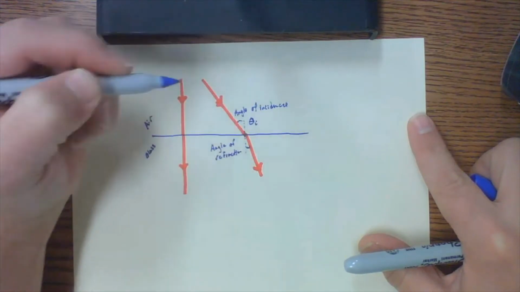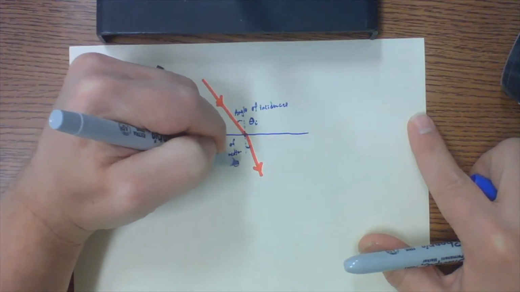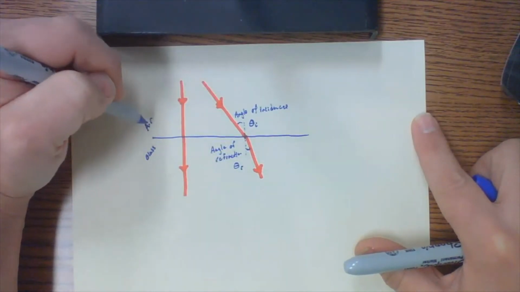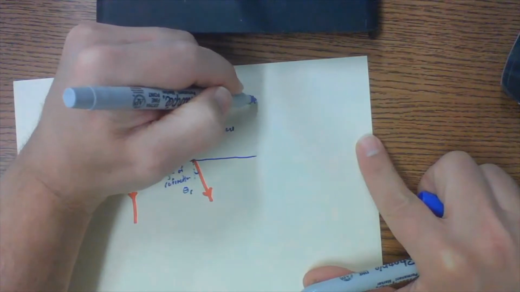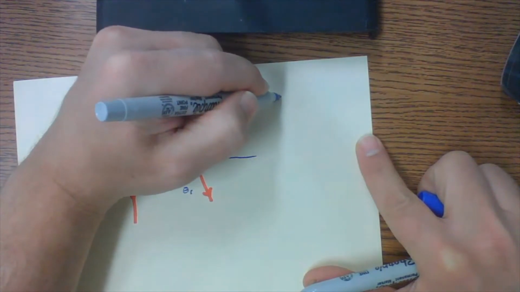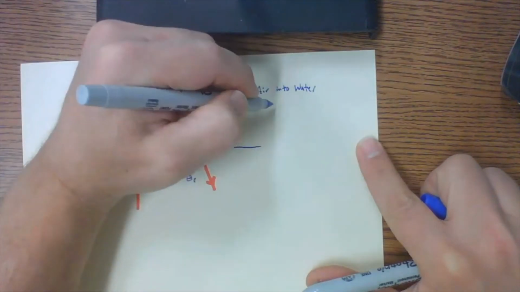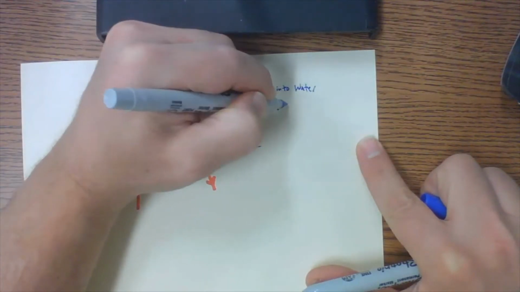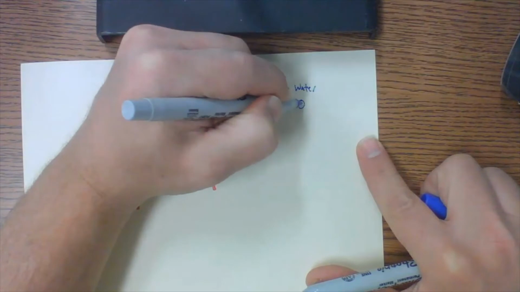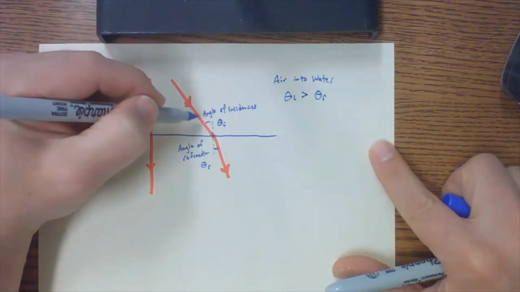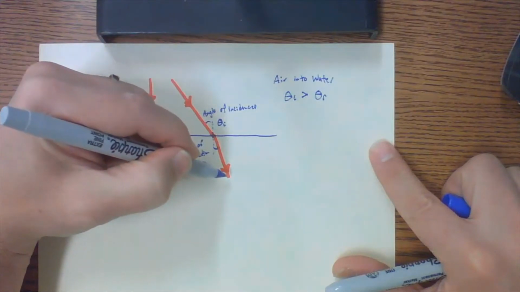That's an angle with an I and an angle with an R. When we go from air into water, we see that the angle of incidence is going to be bigger than the angle of refraction. So it's a situation where the angle got smaller, so that we actually bend.